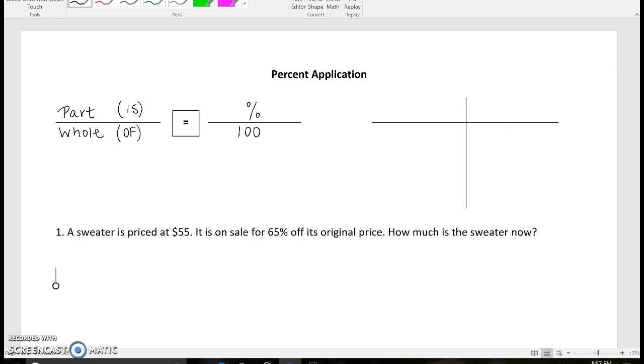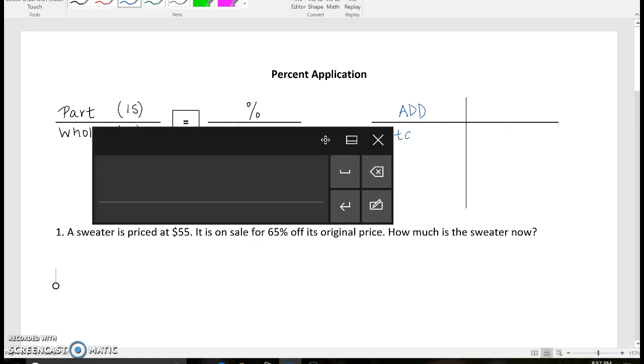Over here on the right, we're going to make a T-chart, and I want you to put "add." Some situations when you would add that amount that you calculate, the percentage amount in dollars: you would add tax. We all have to pay taxes.